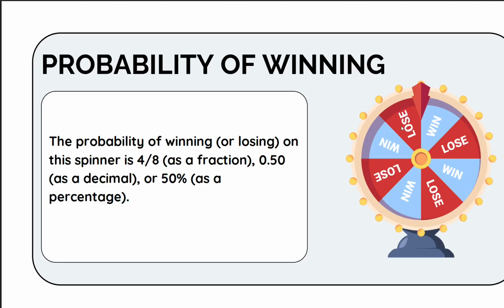The circle is divided into 8 portions. Among these 8, 4 are for win and 4 are for loss. So it is 50-50. That is why the chance of getting a win or a loss is 50%.